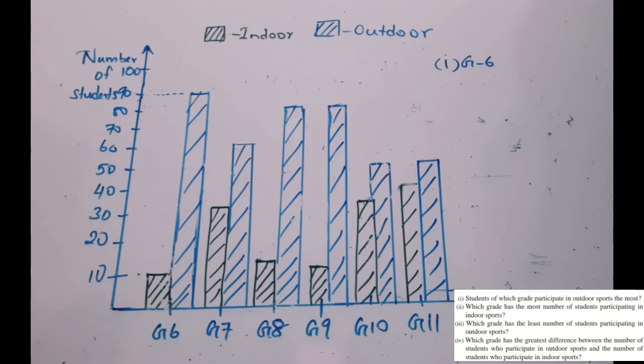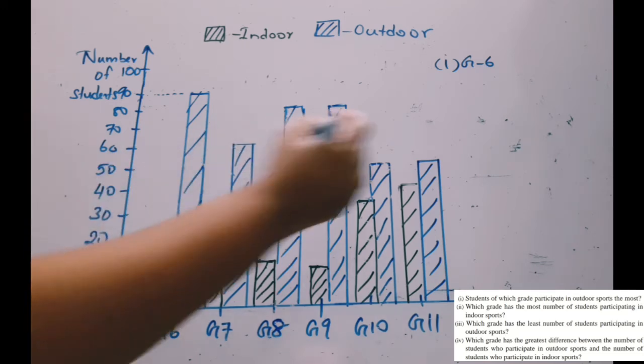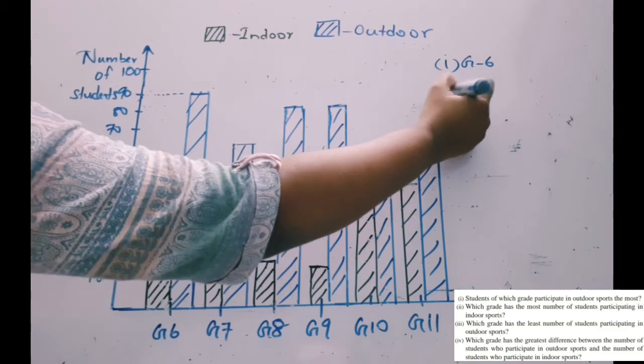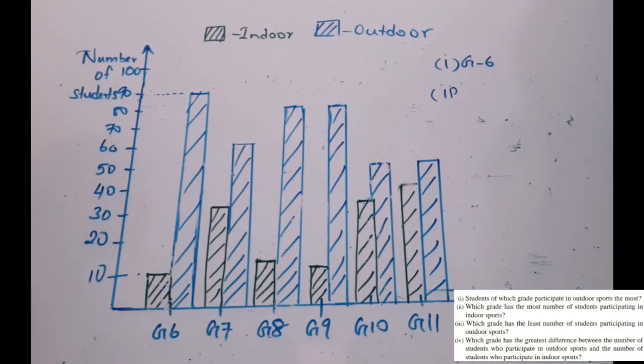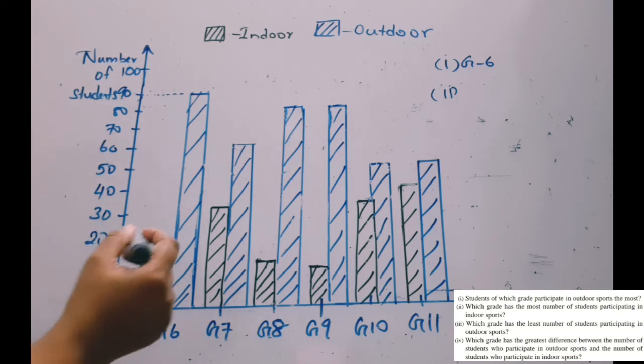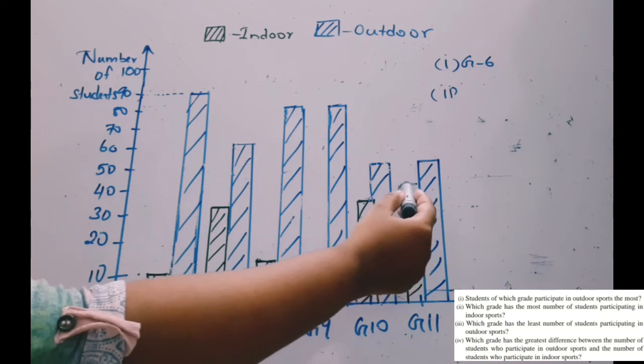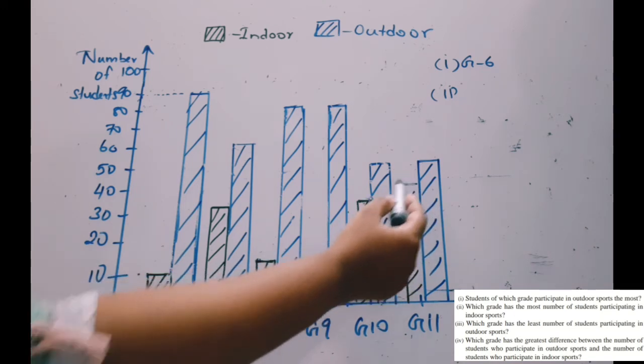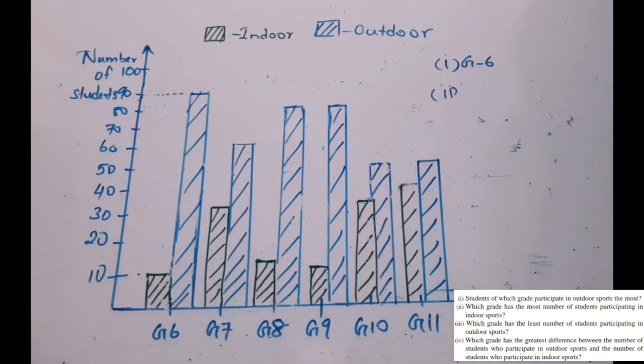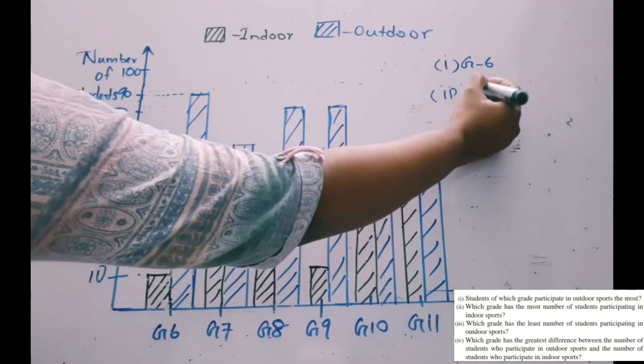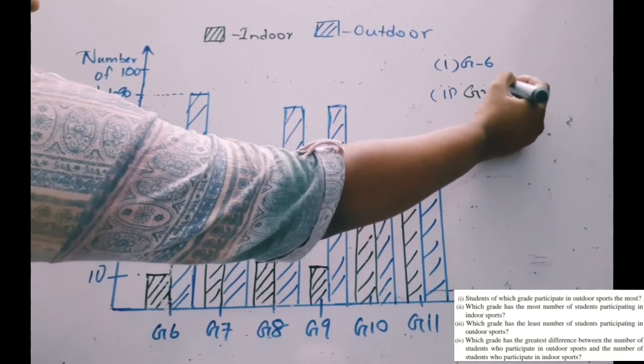Second question: which grade has the most number of students participating in indoor sports? You know indoor sports have been marked with black color bars. Among the black bars, you can see that grade 11 looks higher than the other bars. Am I right? So for that, grade 11 is the answer.